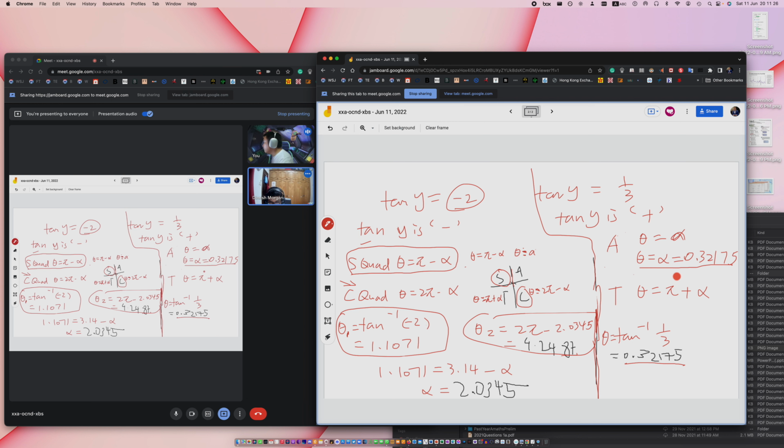Then you can get your next theta, which is pi plus the alpha, which is 0.32175.